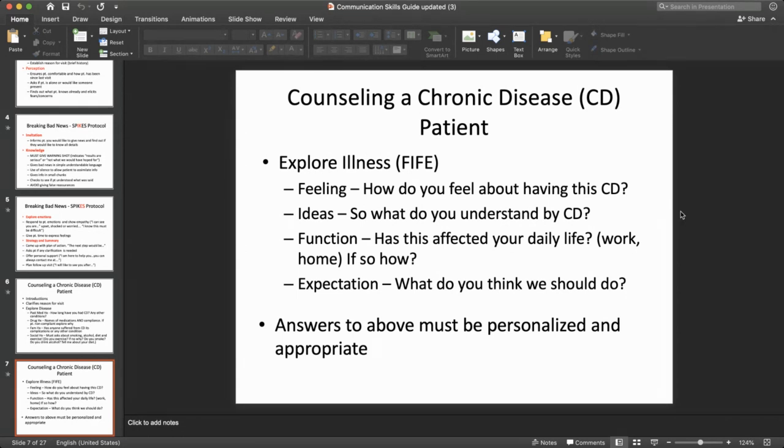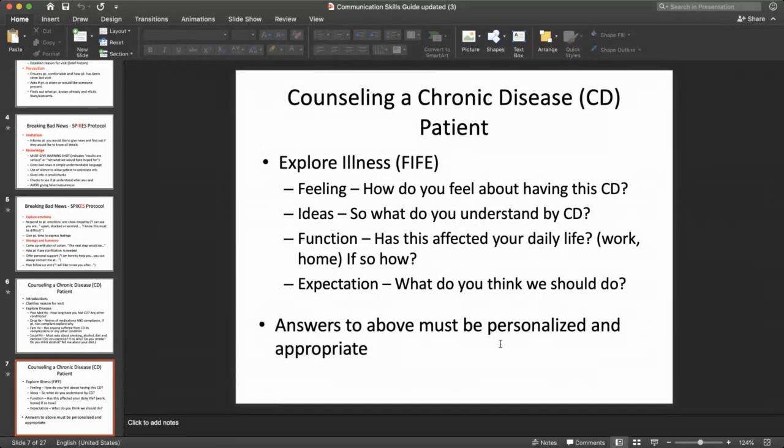And you might be surprised, it could be some specific issue they have regarding their chronic disease, like a spike in their morning or evening blood sugars, or spikes in their blood pressures, as an example, where they may need some guidance specifically. So you need to ask that question specifically in terms of eliciting the expectation. So this is what the illness experience is, and how we inquire about it.